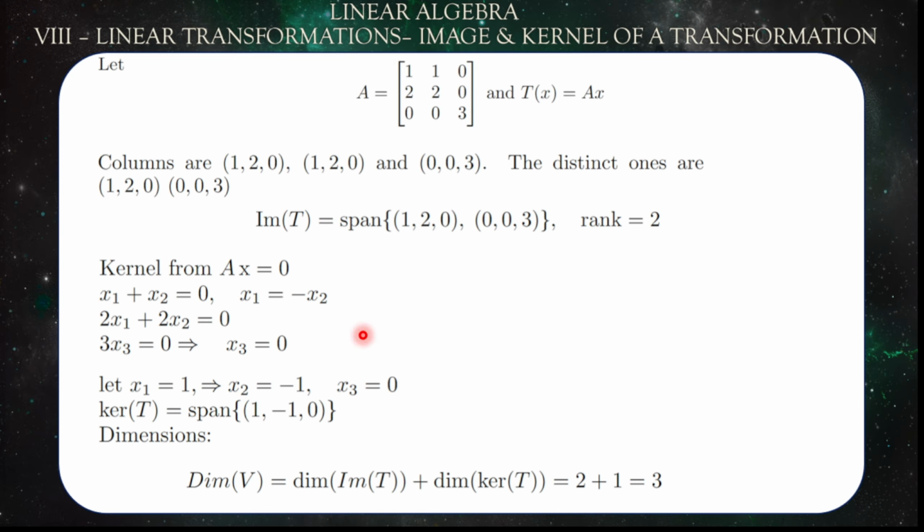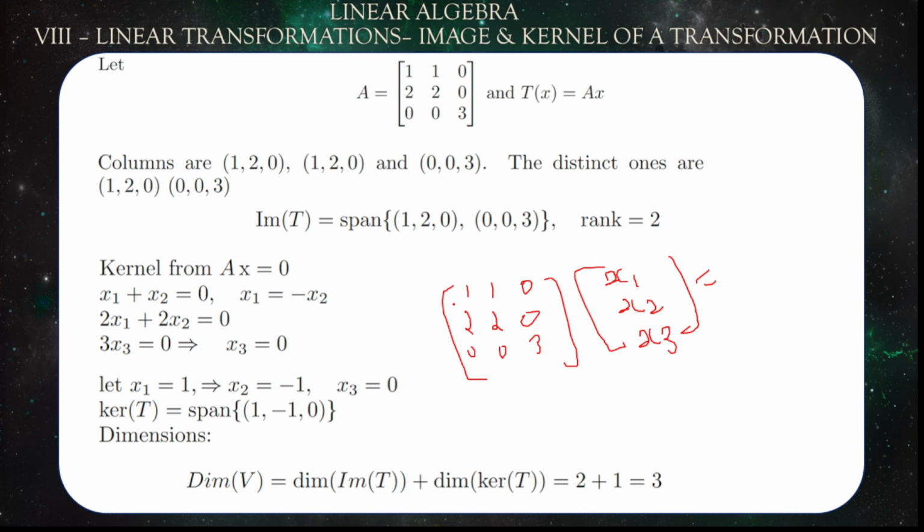We simply multiplied the matrix [1, 1, 0; 2, 2, 0; 0, 0, 3] by the column vector of the variables, which are x1, x2, and x3. So you multiply row by column, as you remember, which is x1 times 1 plus x2 times 1 plus x3 times 0, which is 0. So this is AX equals 0.